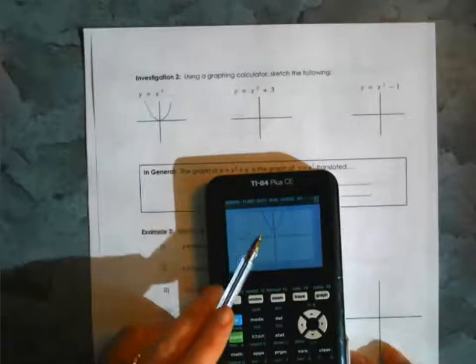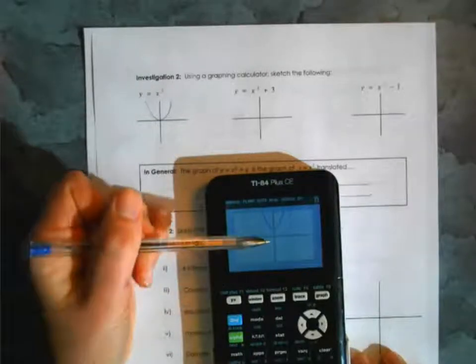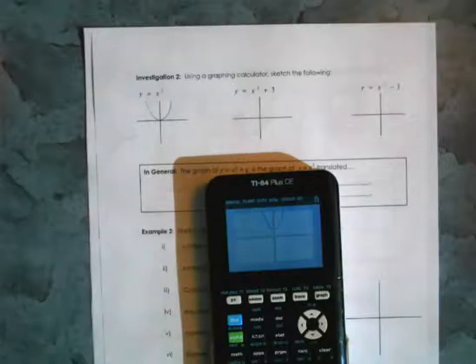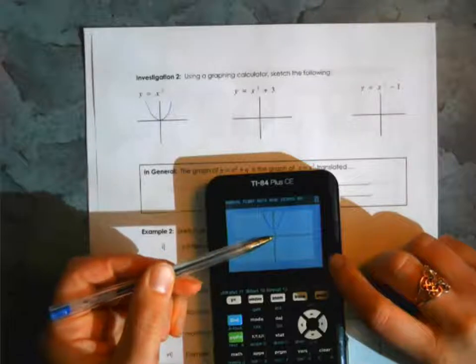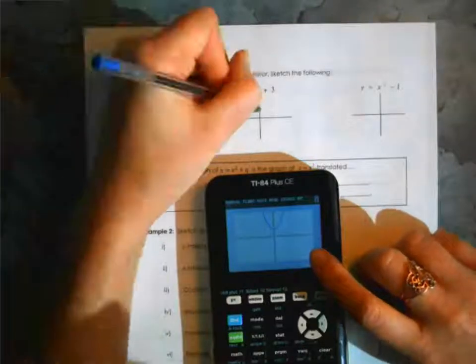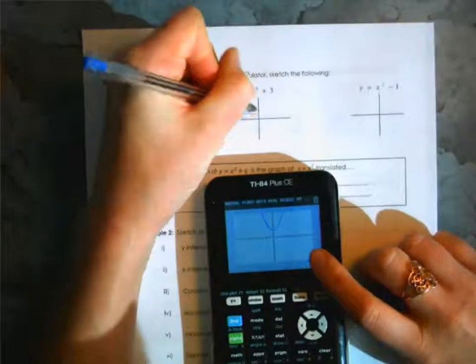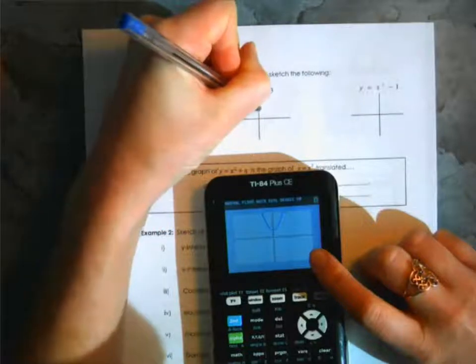So how does that look different from the first one? Well, you can see that our vertex for the first time is not sitting on the origin. It's shifted up by 1, 2, 3 units on the y-axis, right?